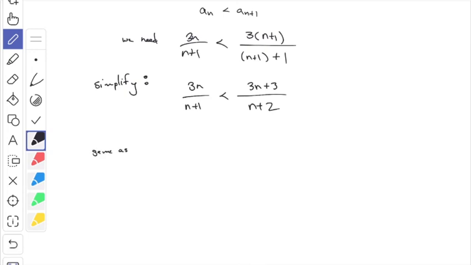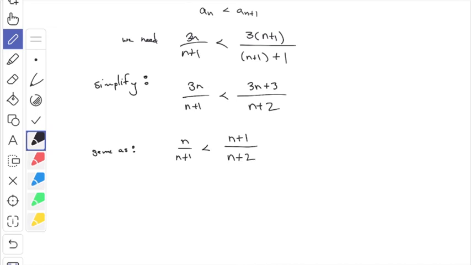This is the same as... Anybody have an idea? How can we simplify this? Or, I mean, rewrite it in some way, perhaps? Yeah, you could divide both sides by 3. All right. You've got to remember the first rule of Fight Club: if you multiply or divide both sides by a negative number, you must change the direction of the inequality sign.